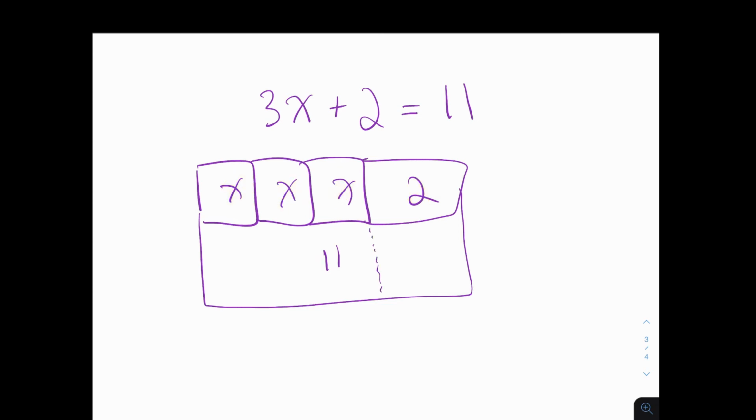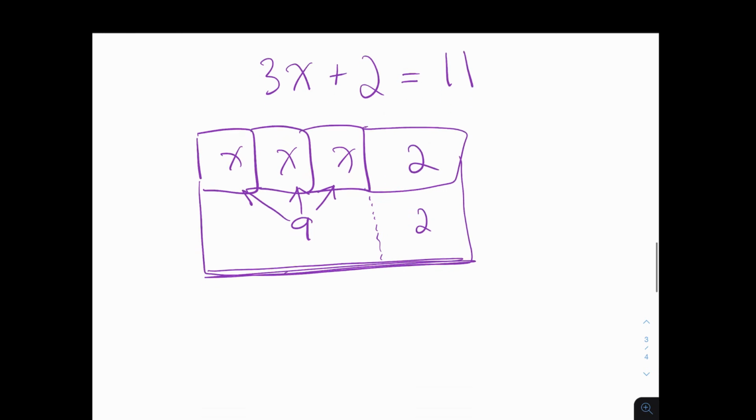If we take this out and say that this is 2, then this whole thing still has to be 11. So we would subtract 2 from this. This would be 9 now, because 9 plus 2 would equal 11. Now what we have to do is divide 9 into these 3. What's 9 divided by 3?